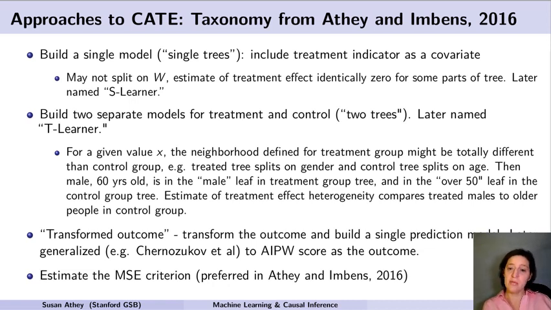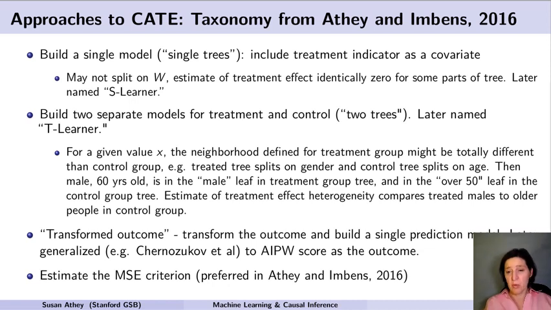To see what that disadvantage is, imagine that we are considering a particular value of X, a male who's 60 years old. Well, if we build two separate models, one for the treatment group and one for the control group, and we use something like trees, it could be that the treated tree splits on gender but not age, while the control tree splits on age and not gender.